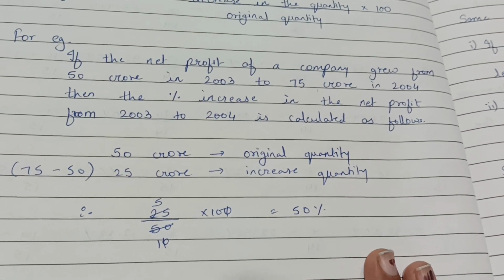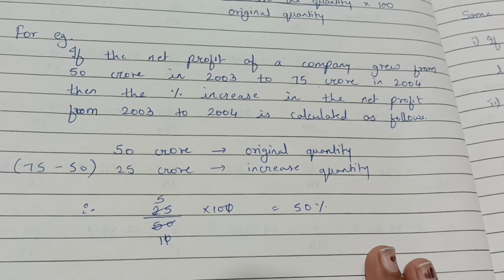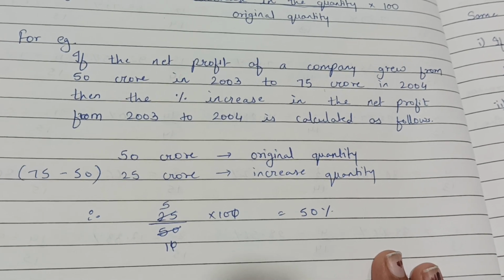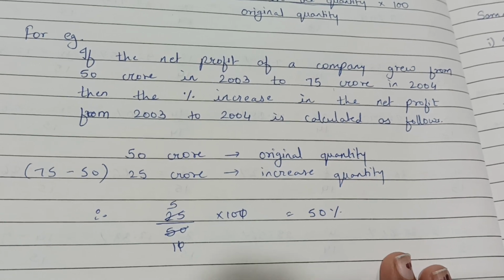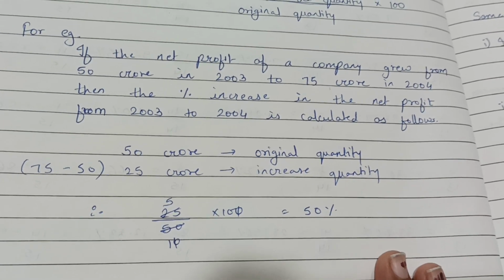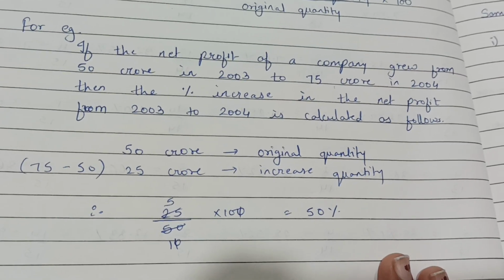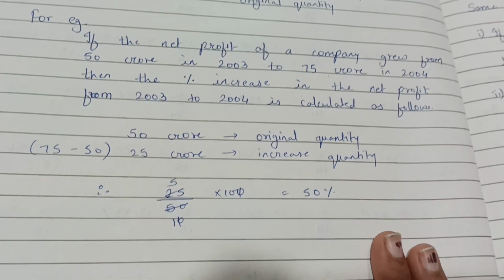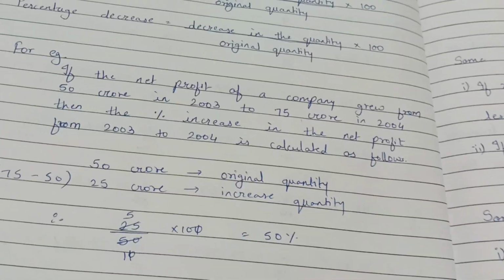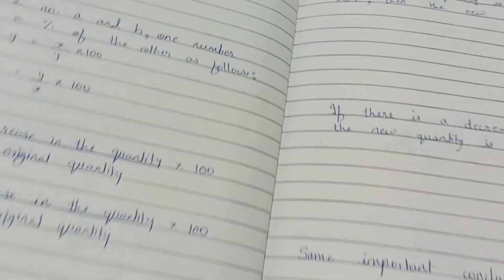I have solved it as 25 upon 50. The original quantity, 50 crore, is taken in the denominator, and the difference is taken in the numerator. So the difference of 25 crore comes. So 25 upon 50 into 100 we have done. The percentage increase is 50%.